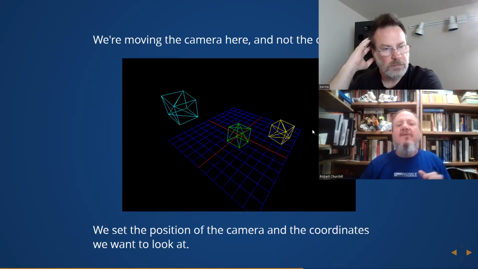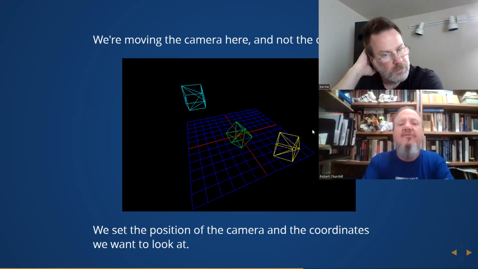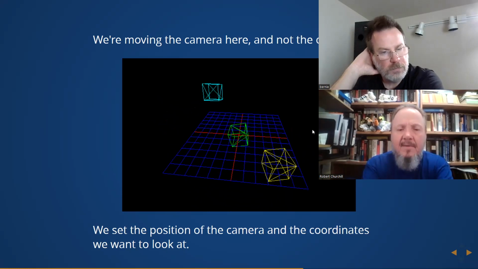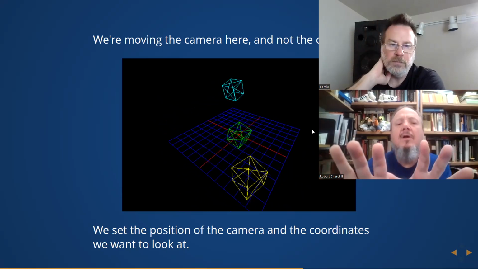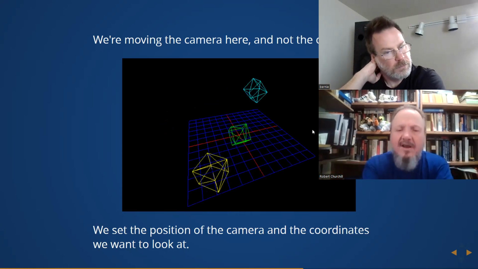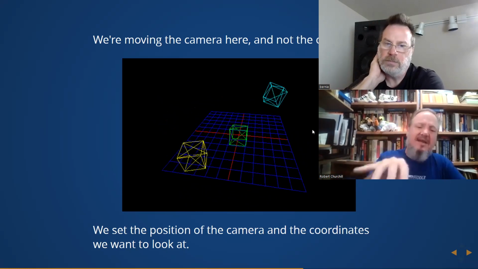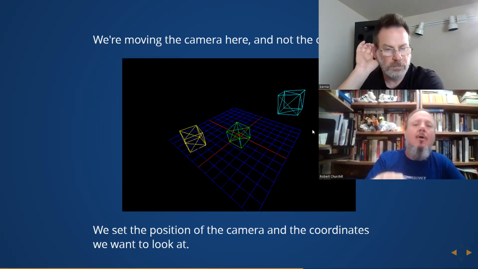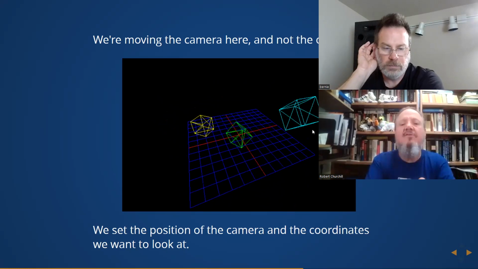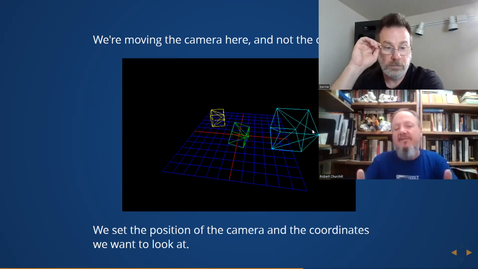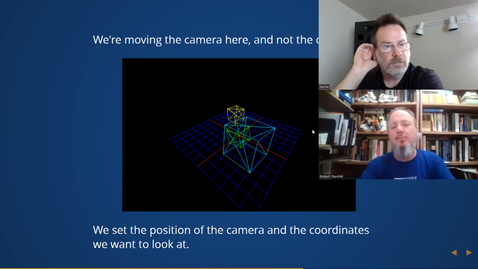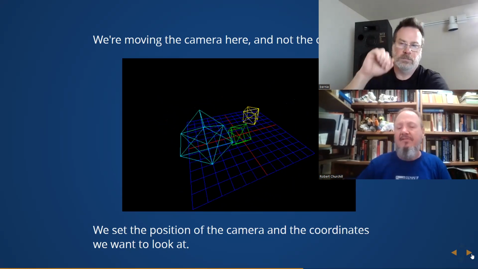So this is looking at the scene. I could rotate the scene and leave the camera steady, or I can leave the scene steady and rotate the camera. So that's what's happening in this render.